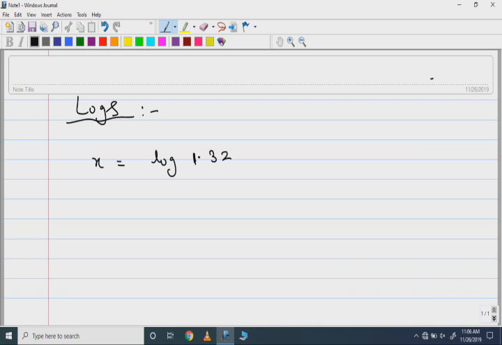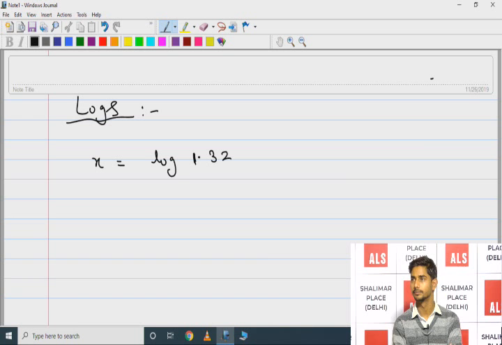Done? Raise your hand those who have done this. Balajit, have you also done that? Okay, cool. So guys, first of all you have to use the log table, not the anti-log table. Look at the screen.